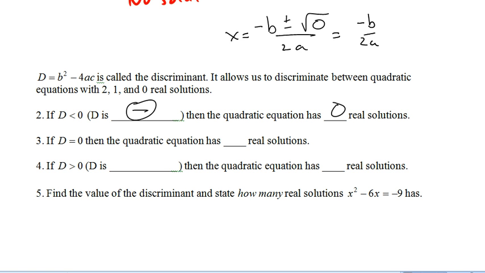So I'd end up with just one solution if D was 0. Okay, and if D is greater than 0 or positive, then I'd end up with plus or minus some number. So that would give me two real solutions. So again, the discriminant allows us to discriminate between numbers of real solutions.